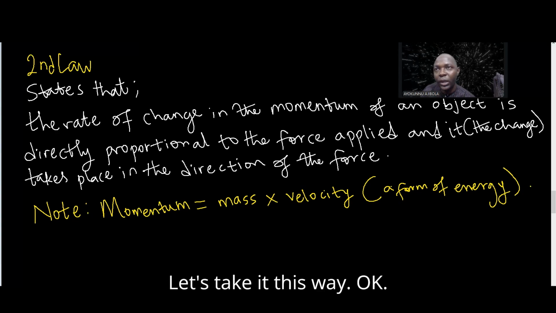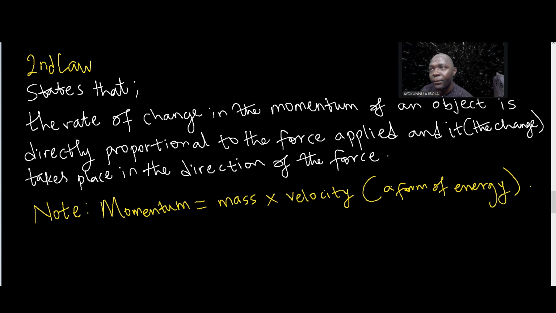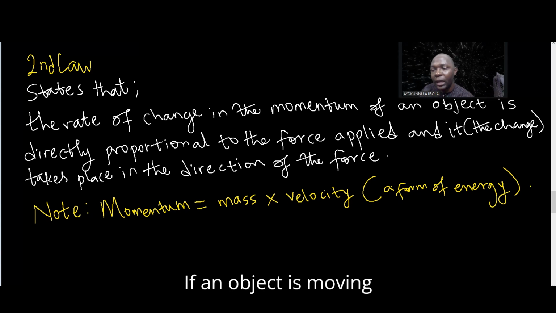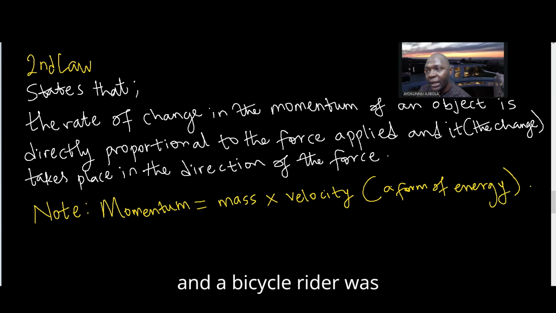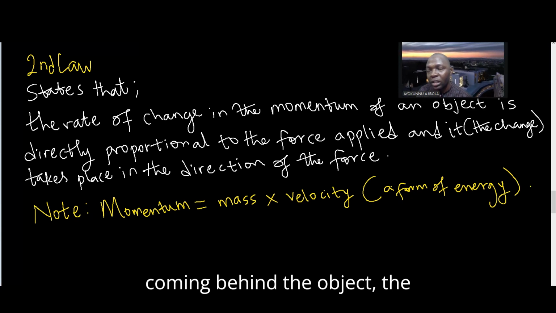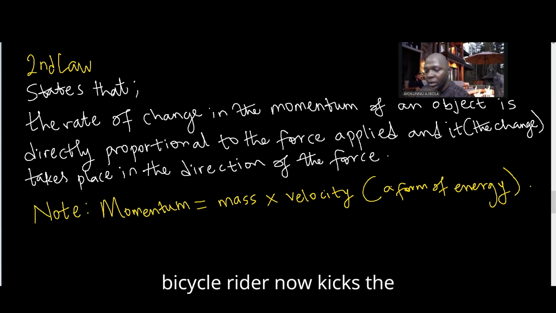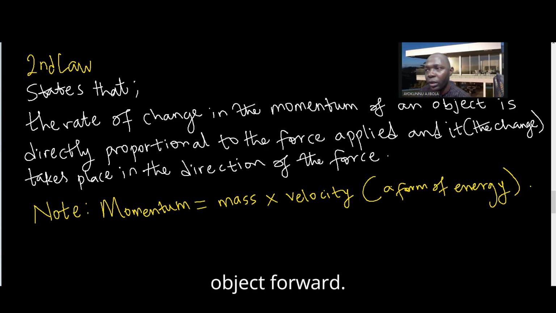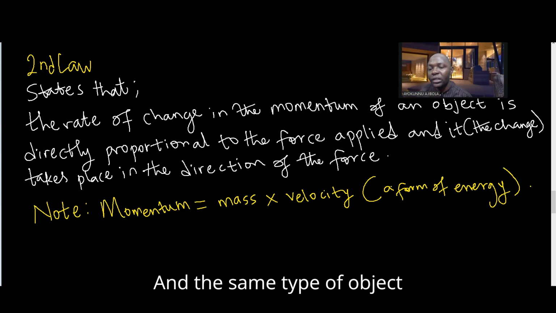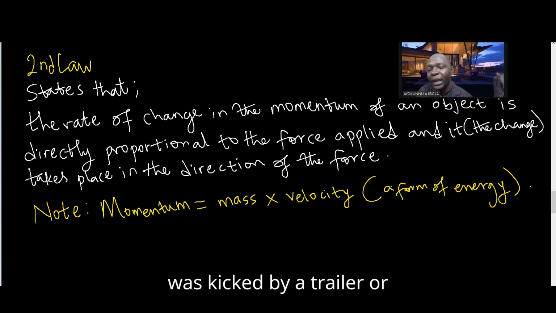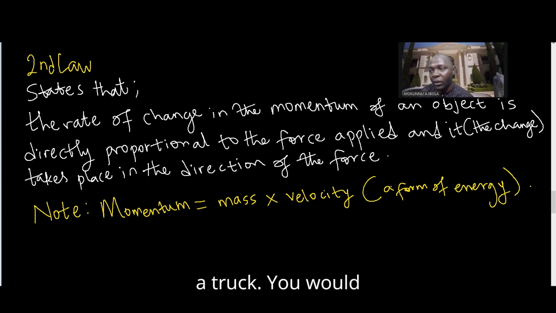Let's take it this way. If an object is moving and a bicycle rider was coming behind the object, the bicycle rider now kicks the object forward. And the same type of object was kicked by a trailer or a truck.